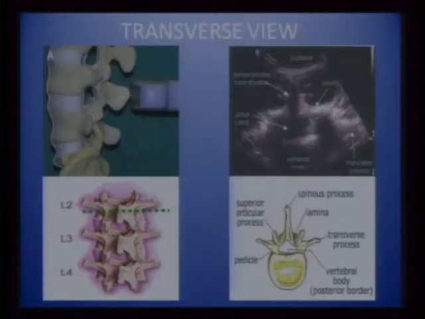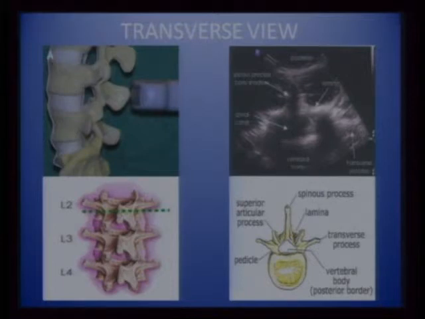Now let us look at the transverse view. When you put your probe just over a spinous process, in this case it is the L4 spinous process, this is bone, and bone will not transmit ultrasound. So what you see here is a bony shadow. But you will be able to pick up structures on either side, and on this side here, that is the laminae.